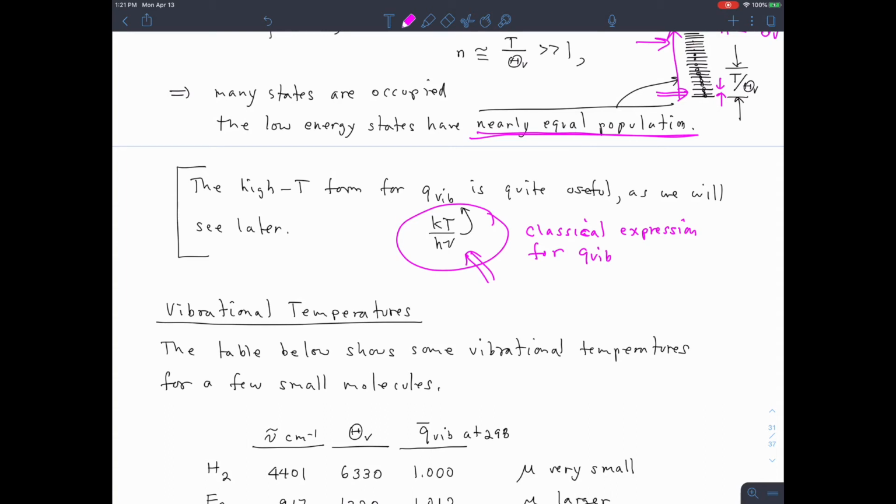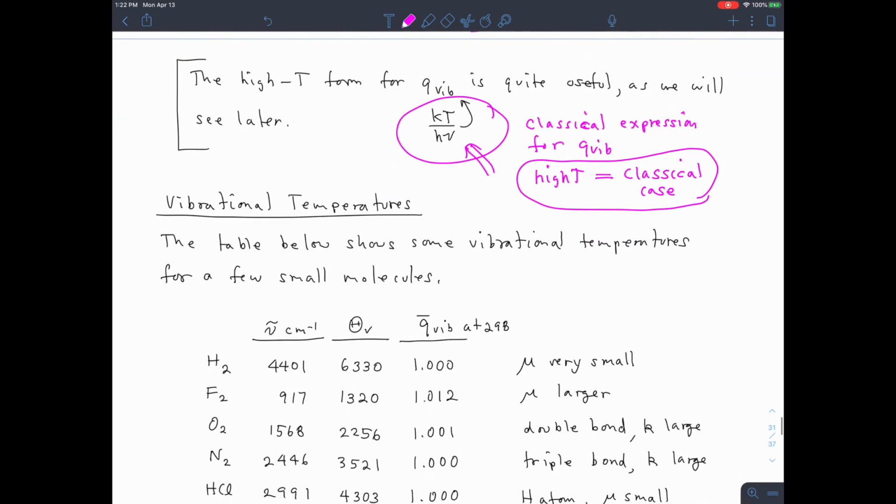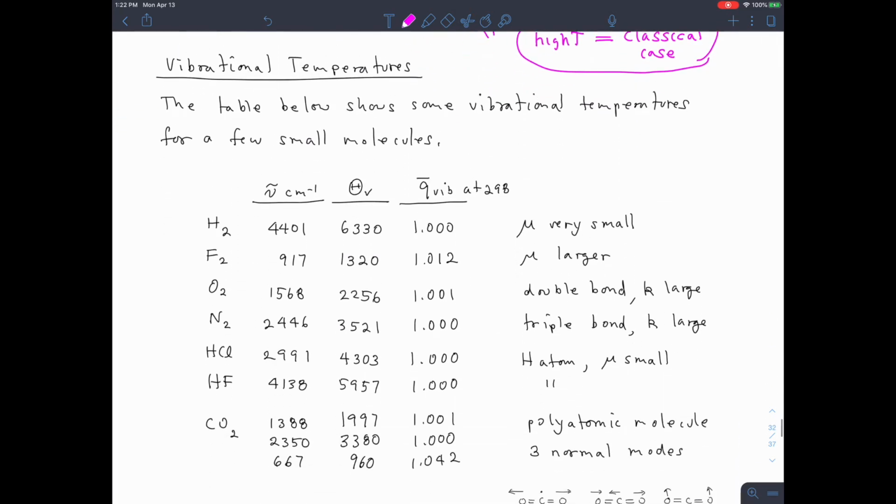So the high temperature limit is the classical limit, and that is true, in fact, in every case. So if you're in the high temperature limit, you can treat the system classically, as if it obeyed classical mechanics, and you'll get the right answer. In general, we'll see one example of that later.